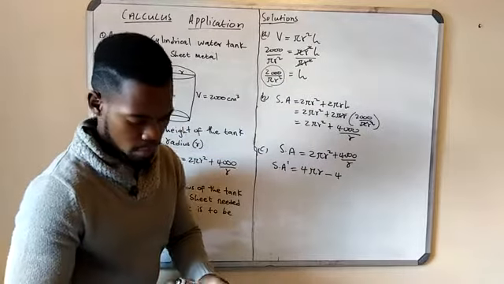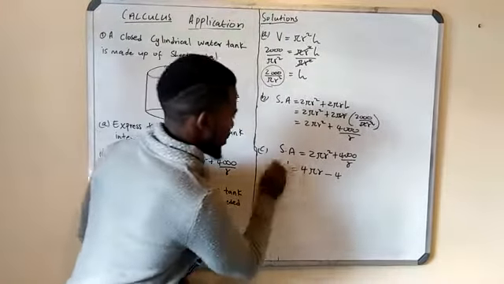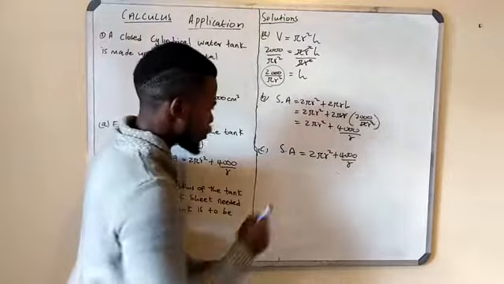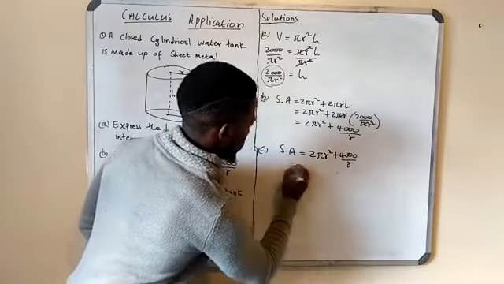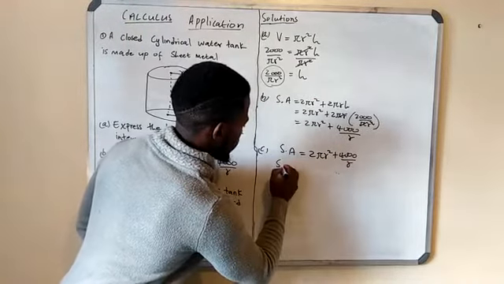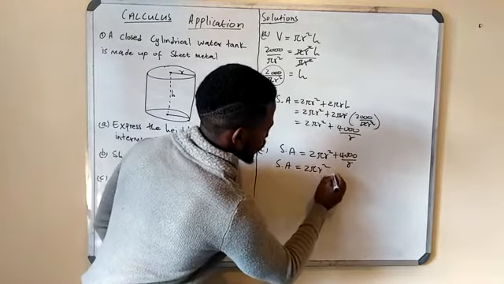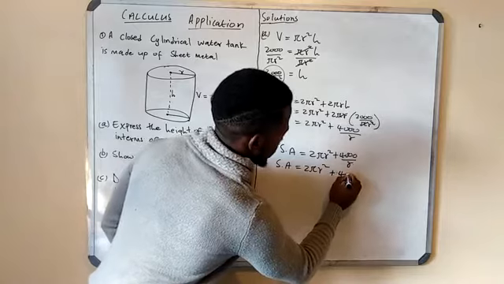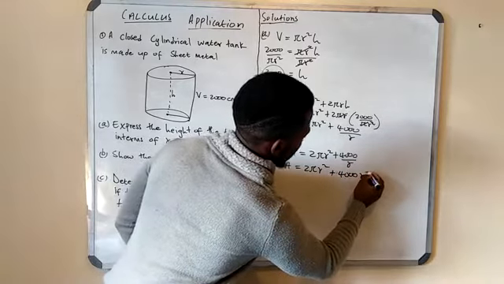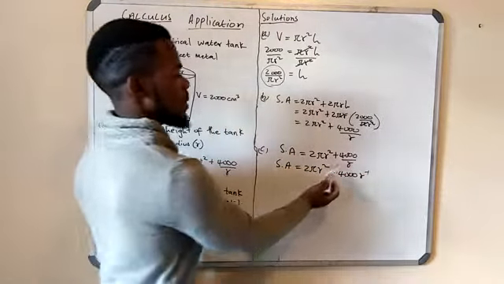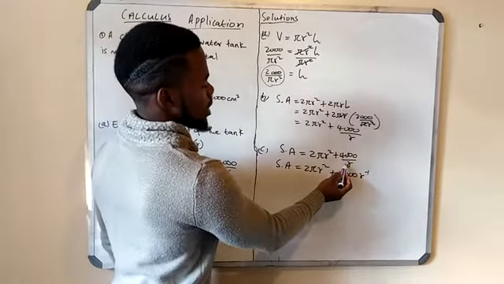Let me make it easier. Before you differentiate, let us simplify this. You have 2πr² plus 4000r to the exponent of -1. Remember, for it to be positive, it will go to the denominator.